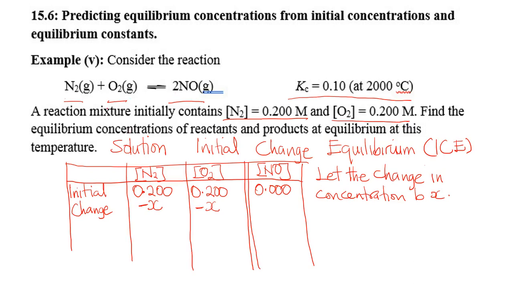The same thing, for every oxygen here, we are producing 2 nitrogen monoxide. What it means is for every X we lose here, we are gaining 2X. So why am I putting 2 here? Because I have 2 here. So the coefficient is very important.